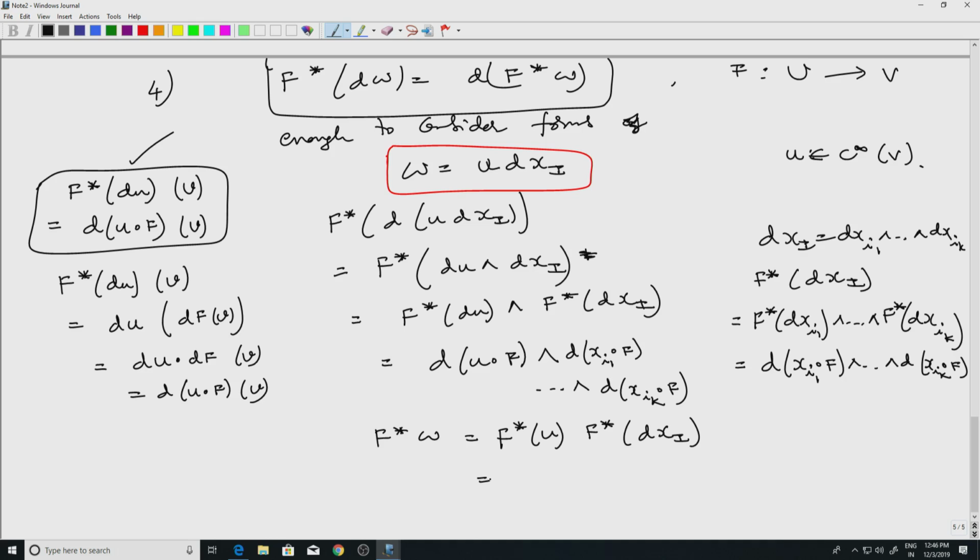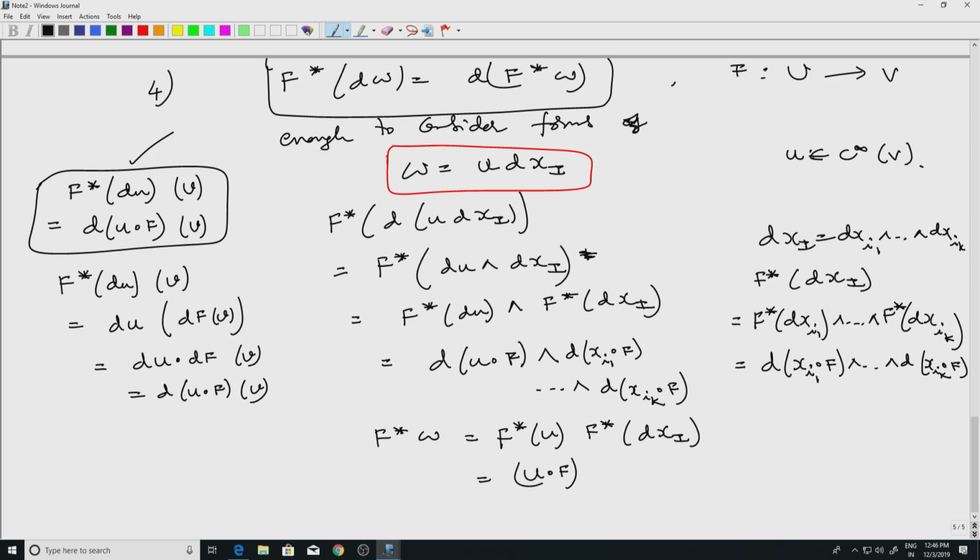This is the pullback of a function, u composed with f, multiplied by, again, f star dxi.